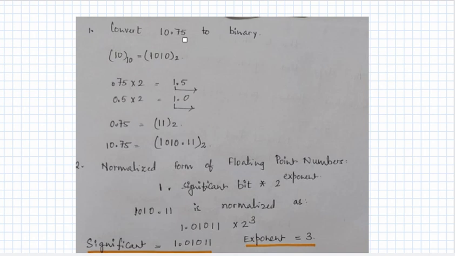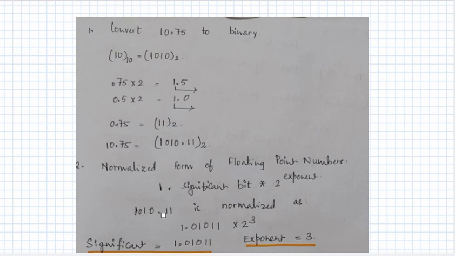For 10.75, the value we got is 1010.11. To normalize it, the first, most significant bit must be 1, immediately followed by the decimal point. So I have 1.01011, which means I need to shift the decimal point by 3 places.